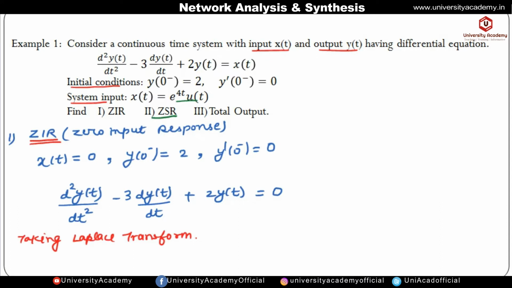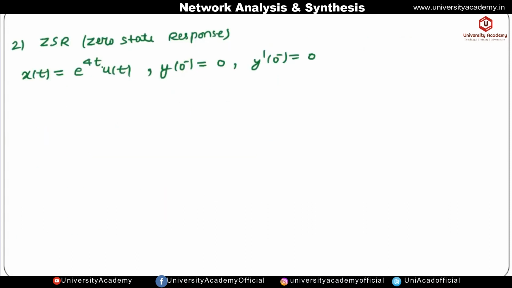Now we have to use x of t value, so let us write the differential equation which is d square y of t by dt square, it was minus of 3 into dy of t by dt. Okay, and then it is plus 2 into y of t is equal to x of t.